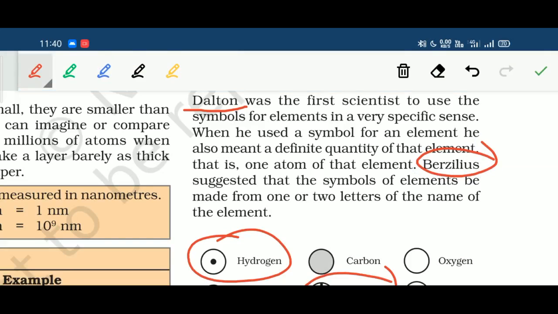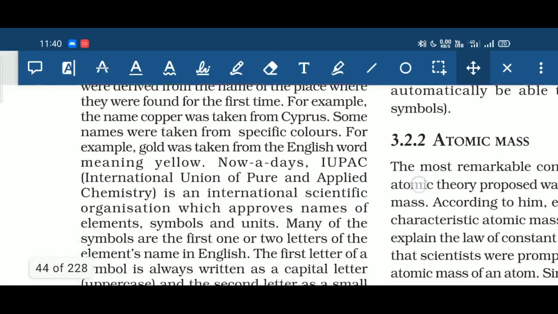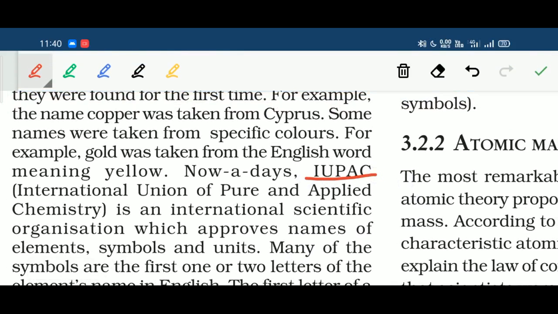He suggested that symbols of elements should be made up of one or two letters of the name of the element, and this suggestion was adopted by IUPAC, that is International Union of Pure and Applied Chemistry, which is an international scientific organization which approves names of element symbols and units. So let's discuss this in detail.